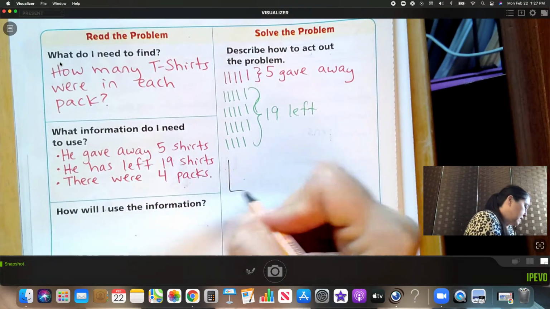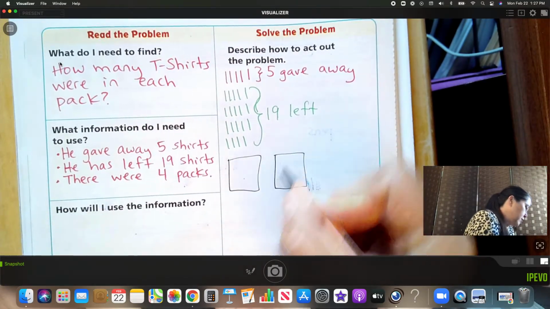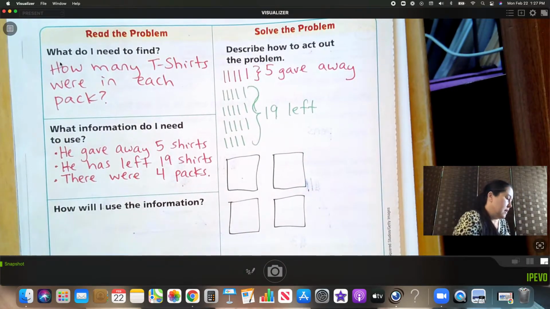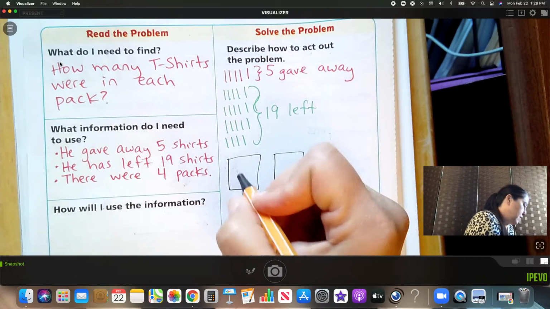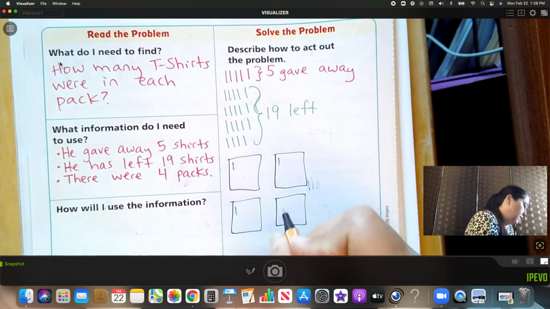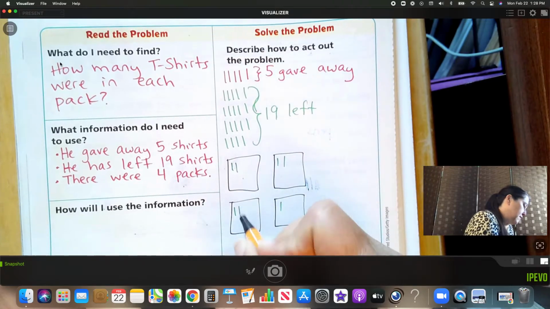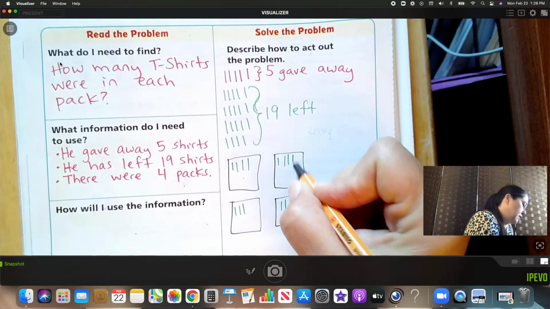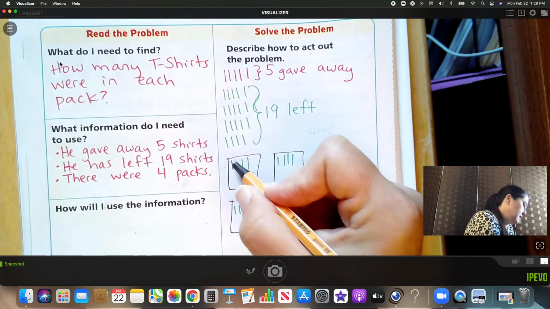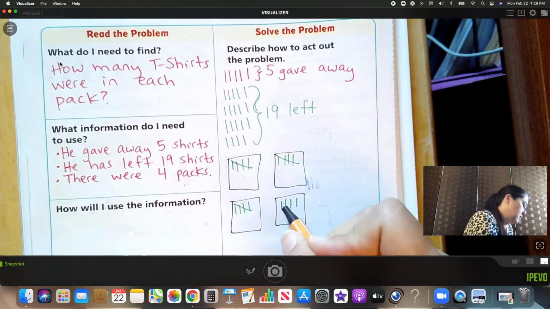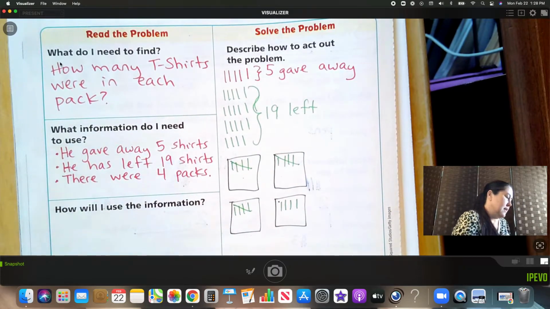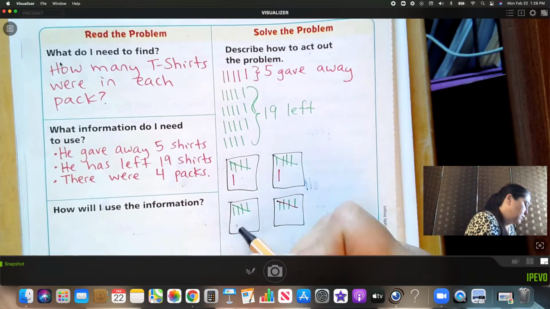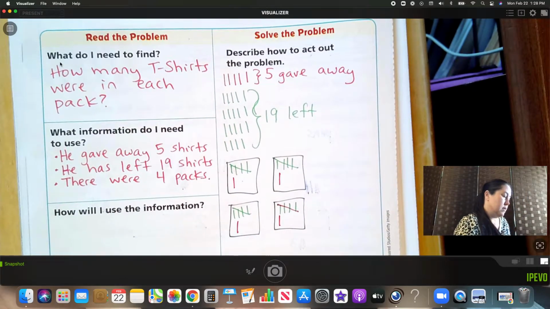So if I had the 4 packages of t-shirts, then I put 1 through 19, whoops, now I've got my 5, 20, 21, 22, 23, 24, right?